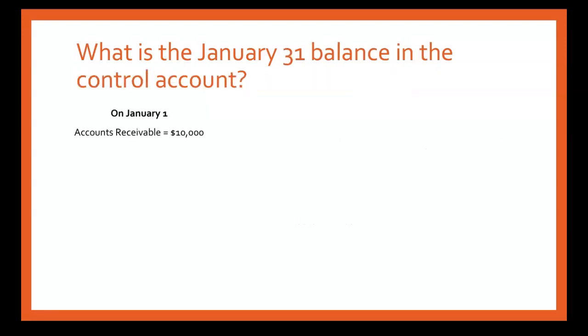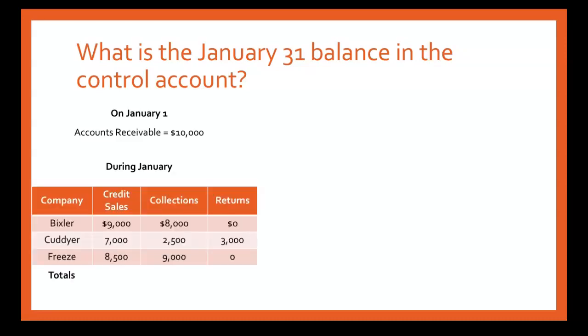Now that we know that, we can work through what happened during the month of January. So we need to figure out what's the January 31st balance in the control account. So in the accounts receivable account. Well, it started off at 10,000, and then we're told that these happened during January, right? We had some credit sales, we collected some payments, and there were some returns.